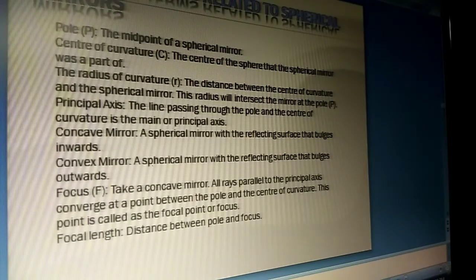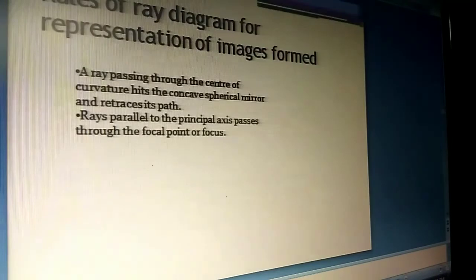That point is known as the principal focus, designated by capital F. Since the rays come together and meet at a point, it is a converging point, and the mirror is known as a converging mirror. So a concave mirror is also known as a converging mirror, and the distance between the pole of the mirror and the principal focus is known as the focal length, designated by small f.